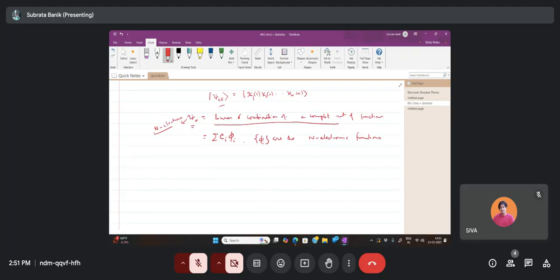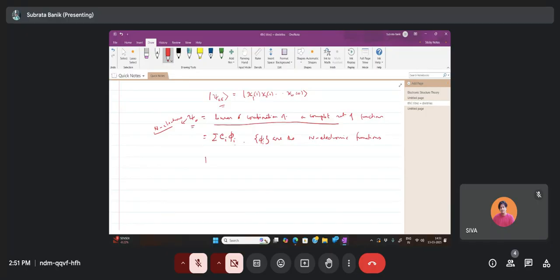Out of that, one is the Hartree-Fock determinant. Which one? The one that gives you the best result, that gives you about 95% to 99% of the total energy. Okay? So that's the best one, obtained from the variation principle. So that is one. The rest of the phi_I's we have to construct from this.